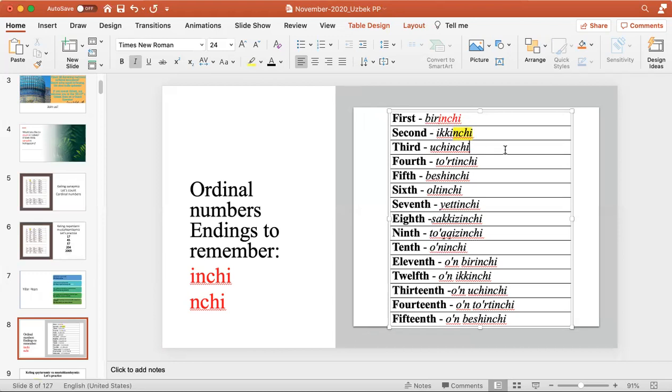Ikkinchi, uchinchi, third, fourth, to'rtinchi, fifth, beshinchi, oltinchi, sixth, seventh, yettinchi, eighth, sakkizinchi, ninth, to'qqizinchi, 10th, o'ninchi, 11th, 11, 12th, 12, 13th, 13, 14th, 14, 15th, 15, and it goes the same way how we look at these numbers.